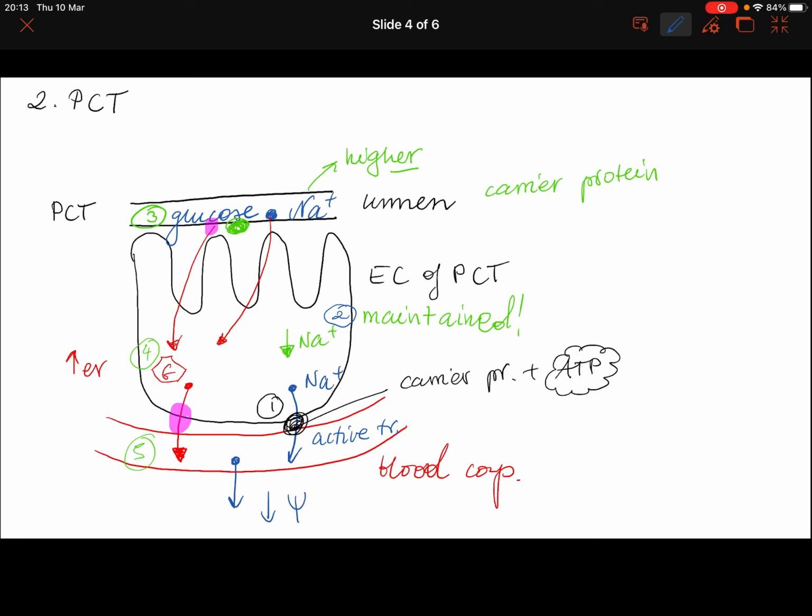Having lower water potential in the blood capillary can obviously be sorted by further osmosis of water. Hence, water will move by osmosis from the higher water potential in the epithelial cell in the proximal convoluted tube into the blood capillary.